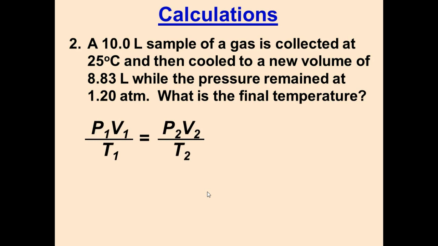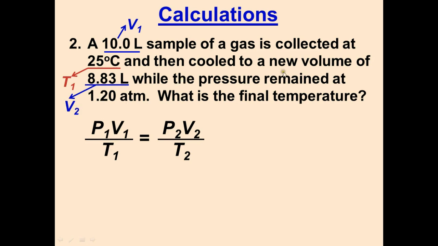So we have a 10-liter sample of gas, so that's initial volume, so V1, is collected at 25 degrees Celsius, so that's T1, but remember, convert it to Kelvin, otherwise you'll get it wrong. And then it's cooled to a new volume at 8.83 liters, so that's V2, and the pressure remained constant.